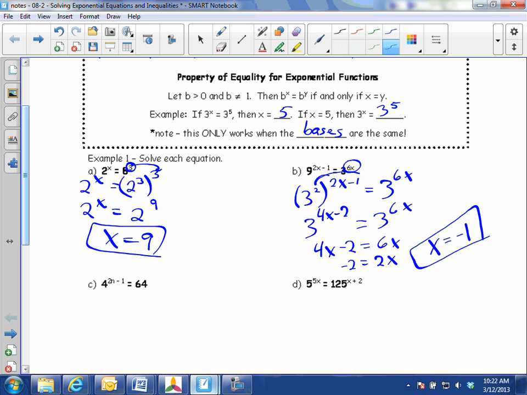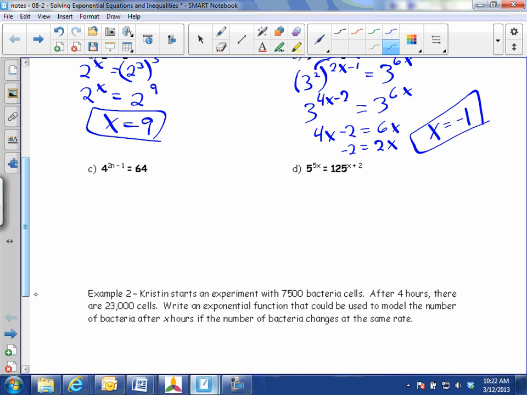Any questions so far? Okay, let's look at C. What are we going to do? Cool. You make 64 into 4 to the 3rd. Okay, bases are the same.